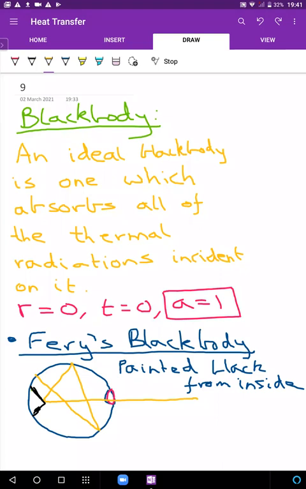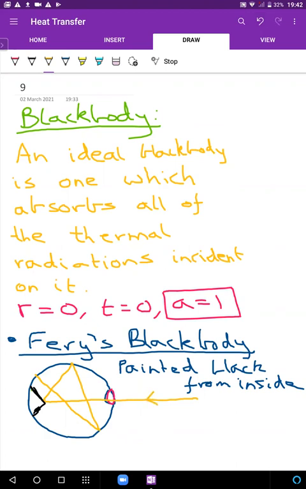So in that sense, you will say that this hole behaves as a black body, not the entire sphere. Because if you send a light ray from here, of course it could get reflected, but the hole behaves as a black body because whatever is going inside the hole doesn't seem to be coming back out.